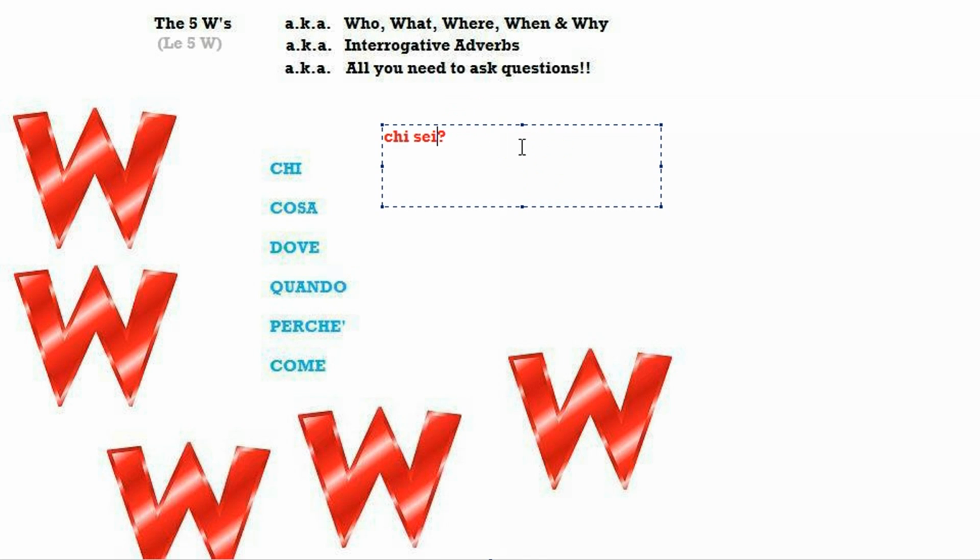So you say in English, you are Anna. And the question is, are you Anna? So the auxiliary verb and the subject swap places.